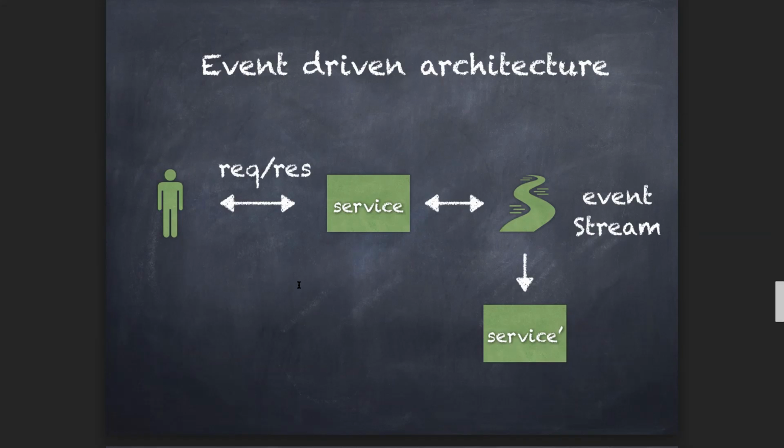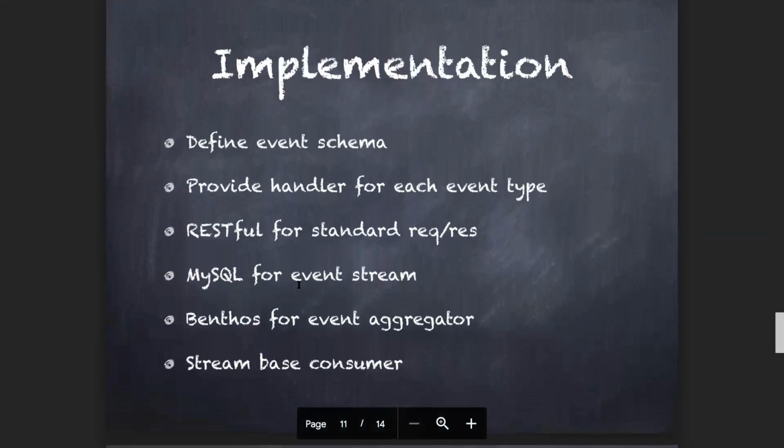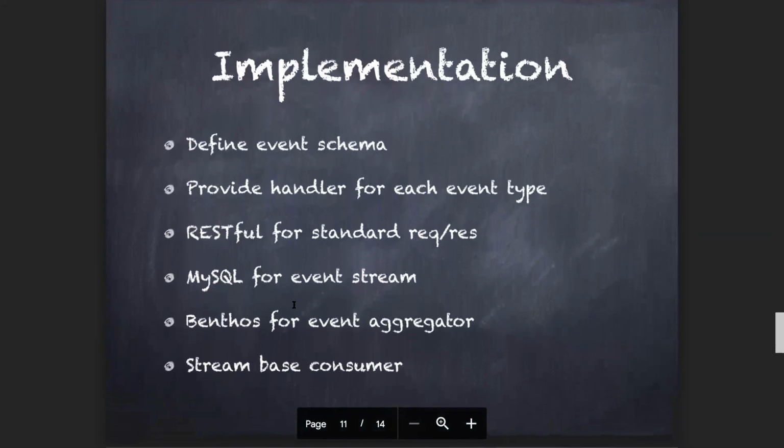For that sidecar pattern we use Benthos. You can go to GitHub and search for that software. It's very simple. I deployed it with just a small configuration, and it can start an event aggregator for me.